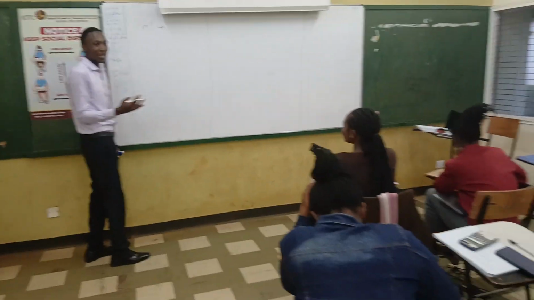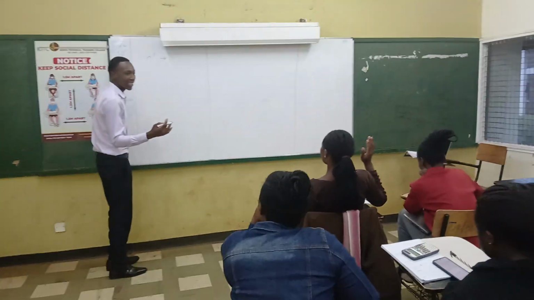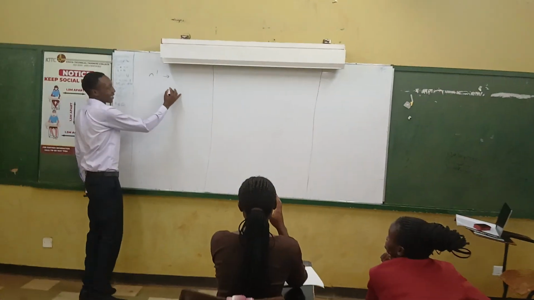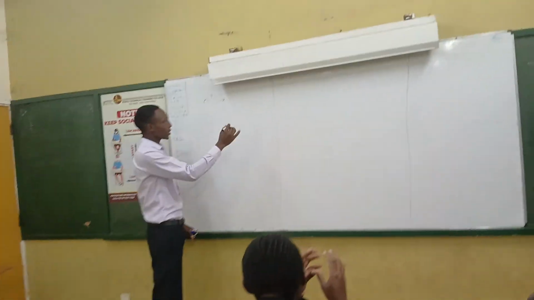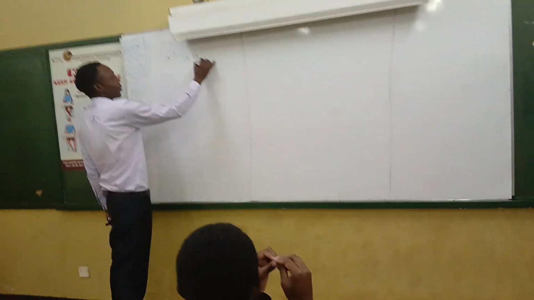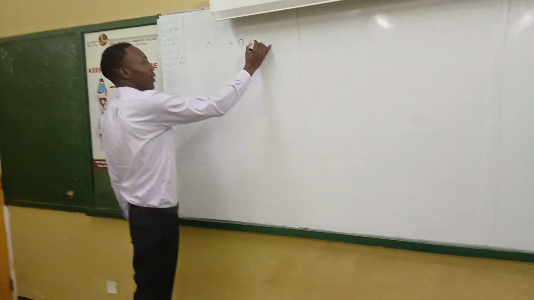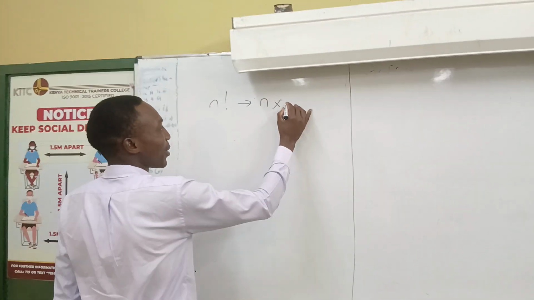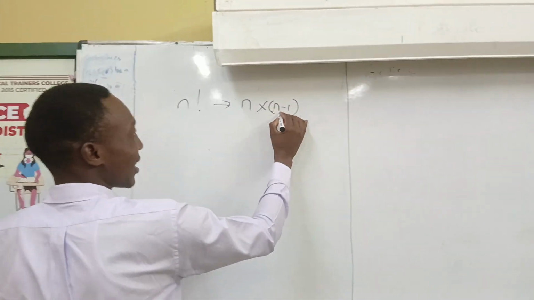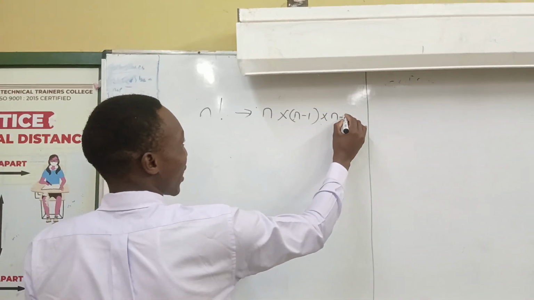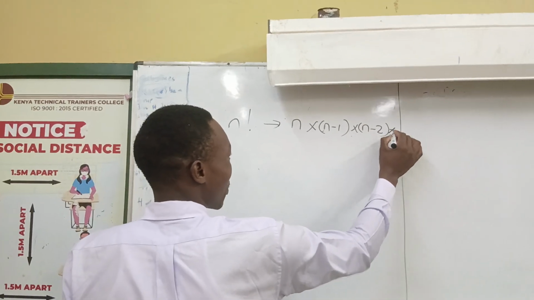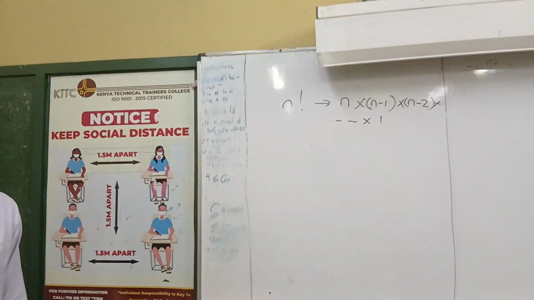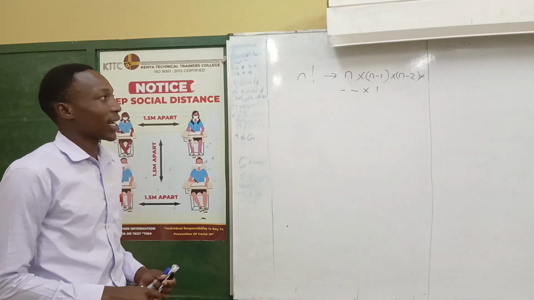How do we calculate factorials? You start with n, then multiply it by n minus 1, so it is n multiplied by all the numbers below it down to 1: n times n minus 1 times n minus 2, all the way to 1. Was it like that? Yes.